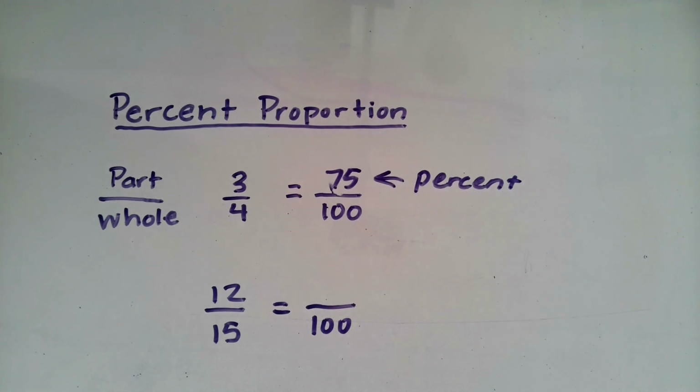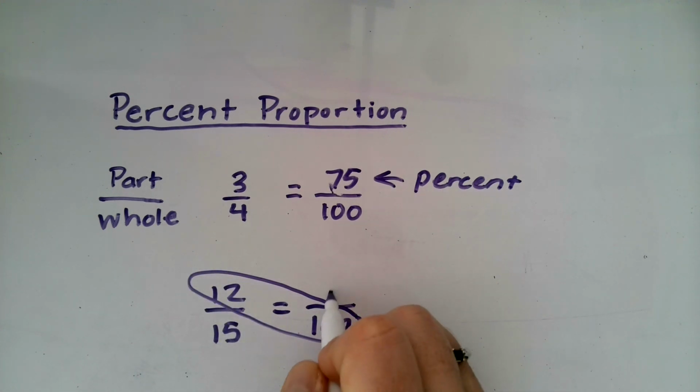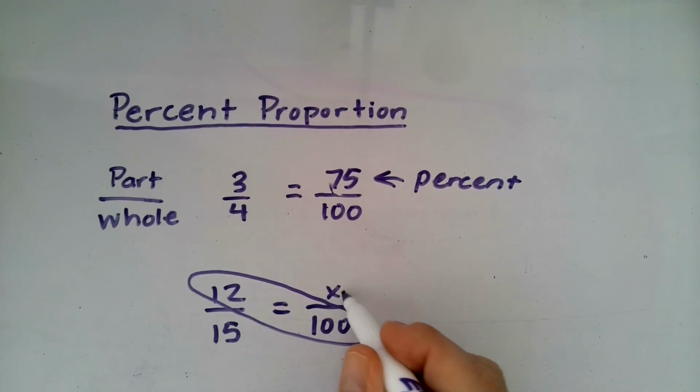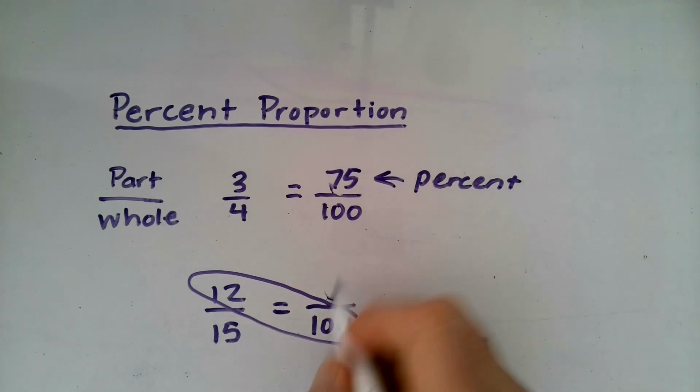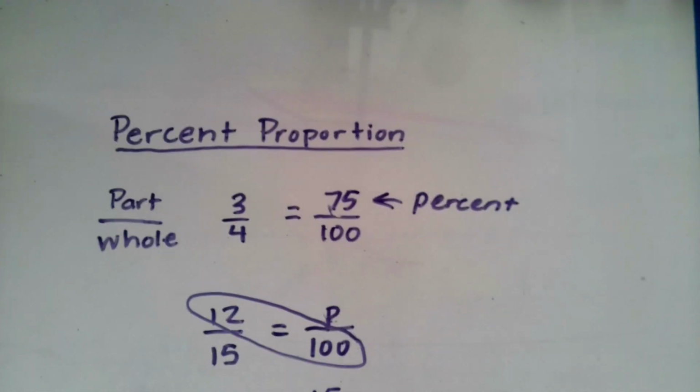And you might say, hey, this is good because we know how to solve a proportion. We can use our cross product strategy and we could say our percent is going to be x. Let's even call it just p so that we remember it's percent. So we would have 12 times 100 is equal to 15p. Okay?